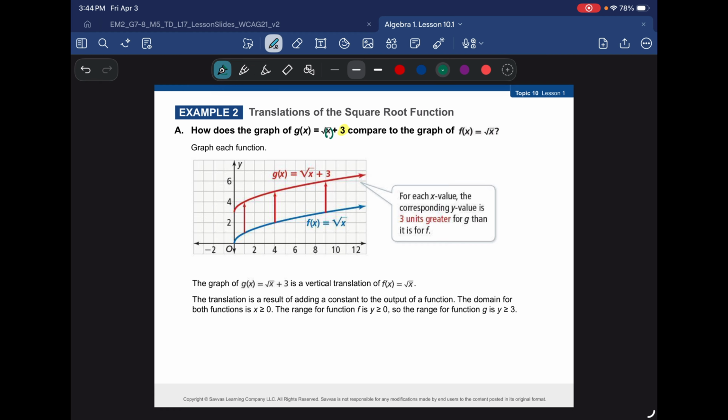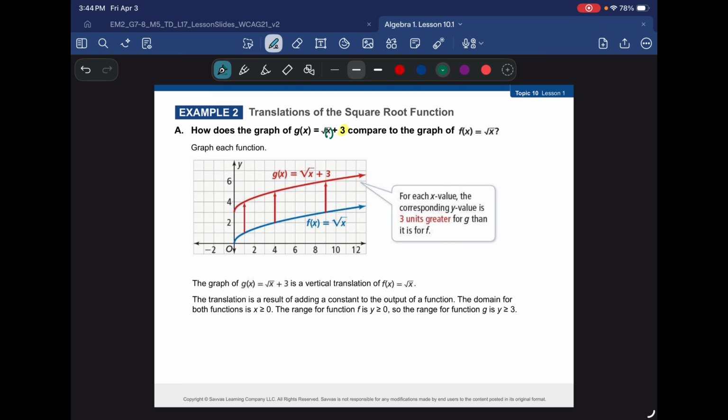So my change is happening to the whole function, or the change is happening to the output, since it is outside the parentheses. So if I'm changing the output, I'm changing along the y-axis.